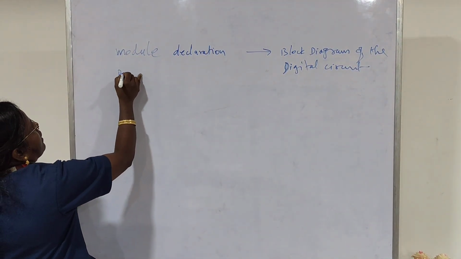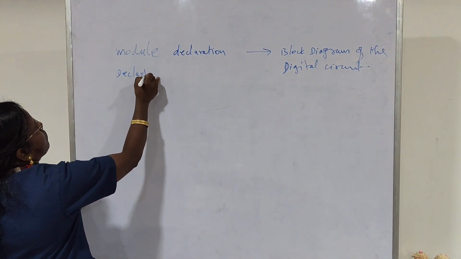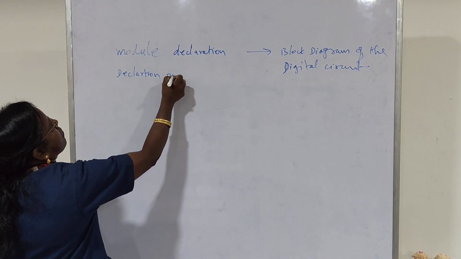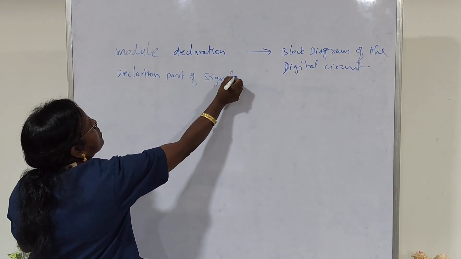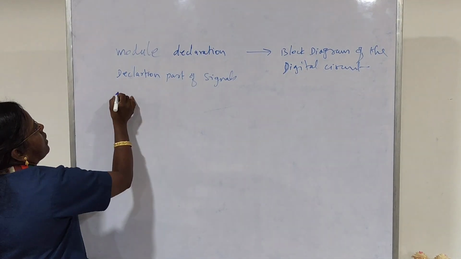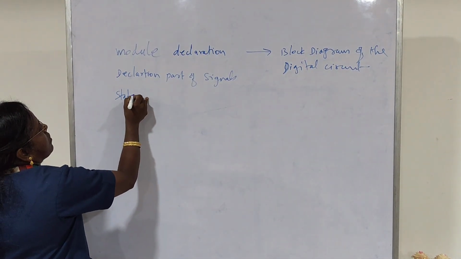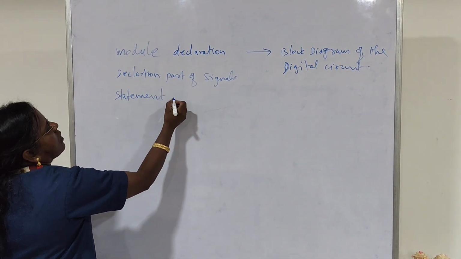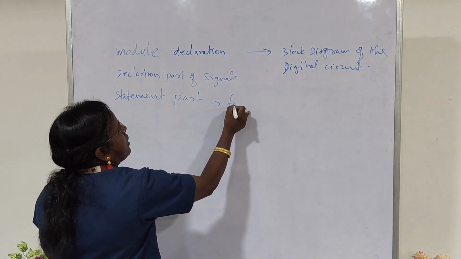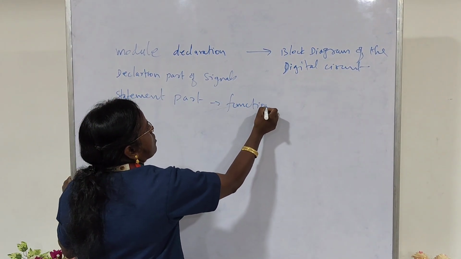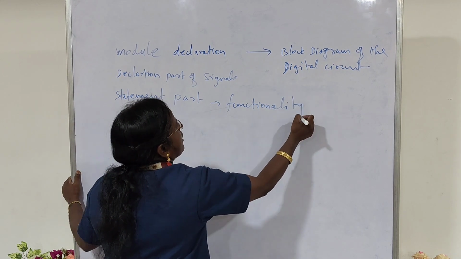Then the declaration part of the signals used in the circuit. Then the statement part, which describes the functionality of the circuit.